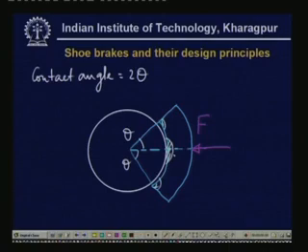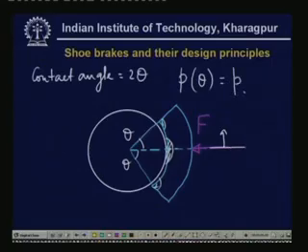So, it is a very important task to find out the exact pressure distribution. Normally it is taken that the normal pressure is a function of theta, as you can see, where theta is measured from this reference line. So, p theta is, let us say, p1 cosine theta. This is roughly the distribution which we take for this case.